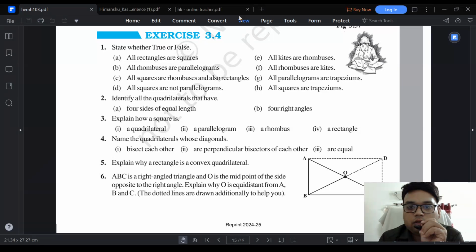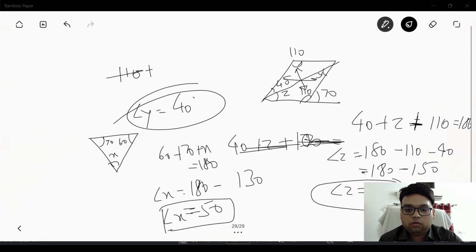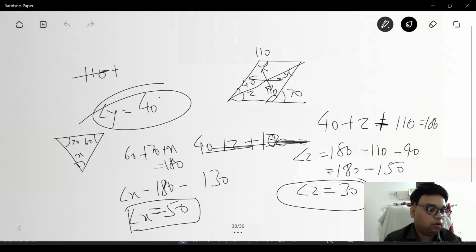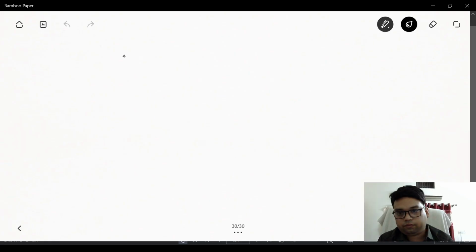Now question number 1 says: state whether true or false.